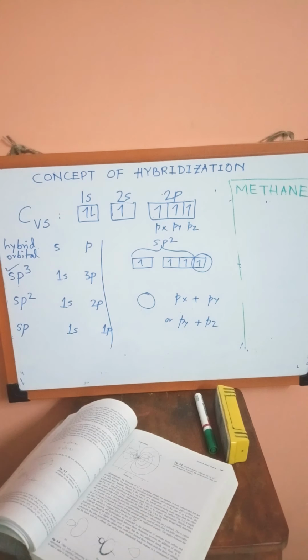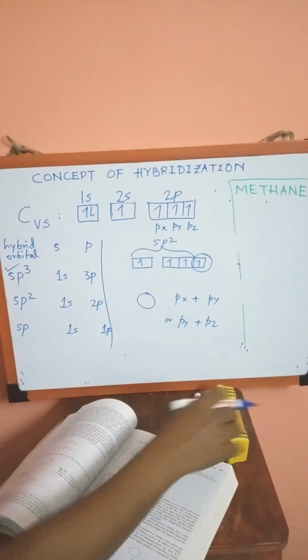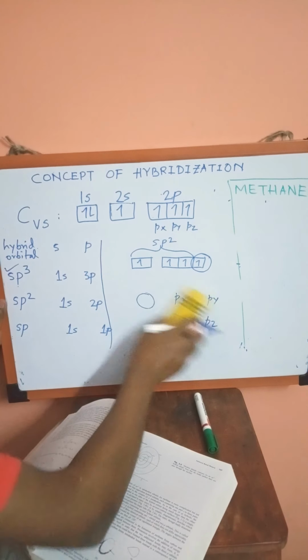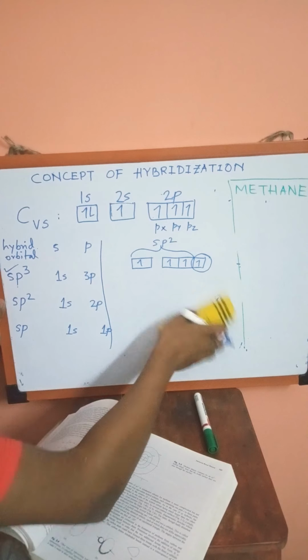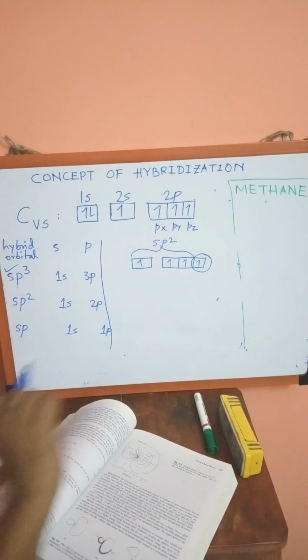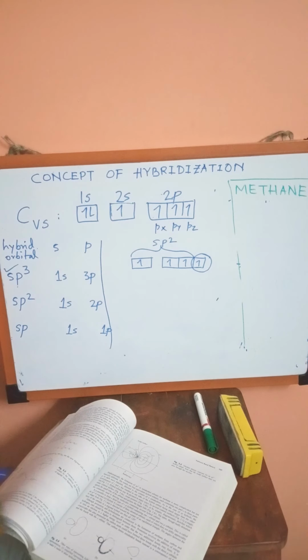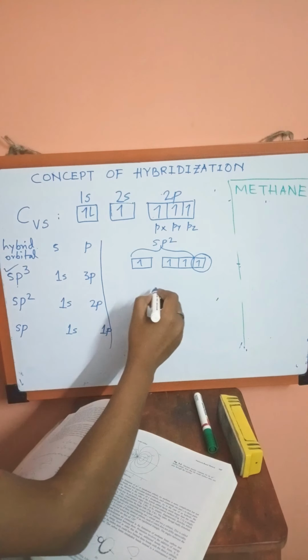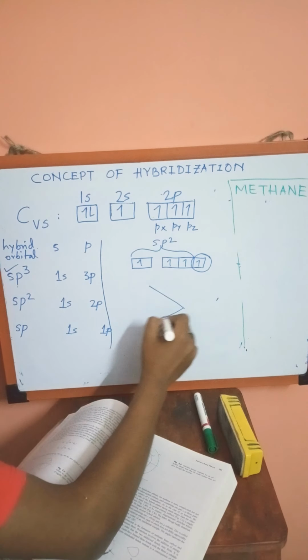The important thing is the resultant hybrid orbitals and this unhybridized electron. What will happen through this mixing is that the resultant orbitals will be sp2 hybrid orbitals, and the shape of this arrangement will be trigonal planar.